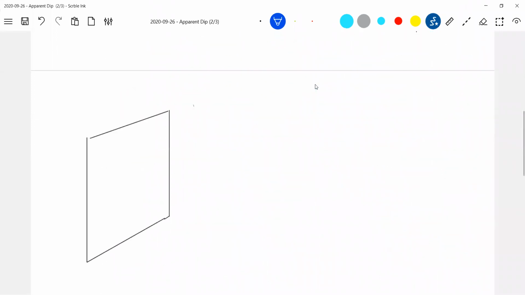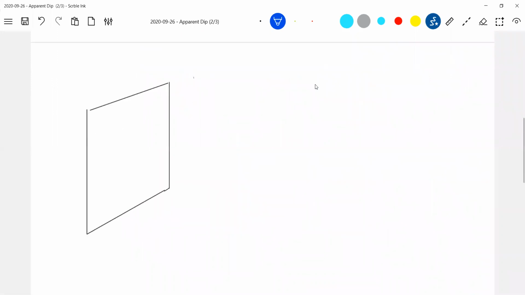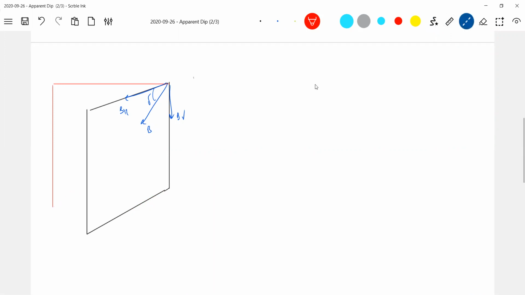Another diagram we have given in the books. This will be the B bar. Then this will give BH, and we have the geographic meridian, and this particular quantity is called the declination, theta.